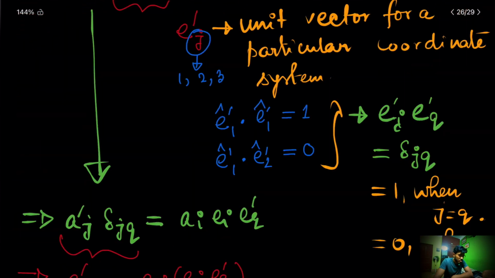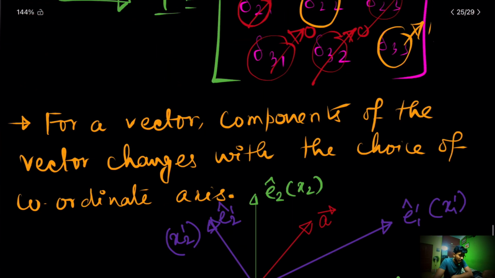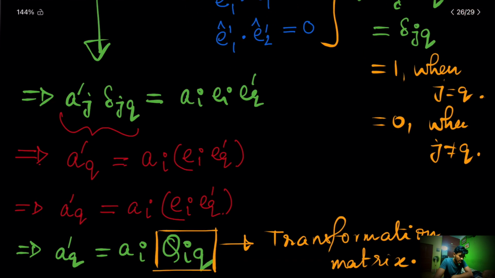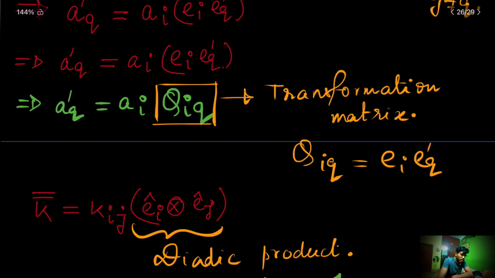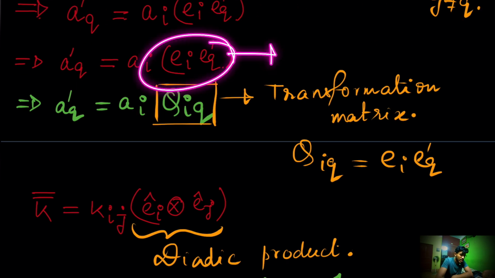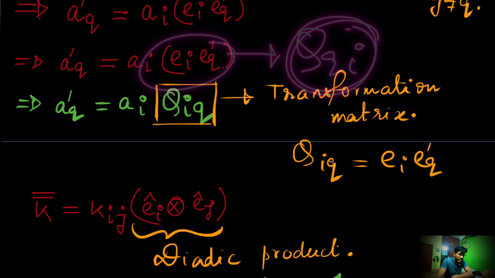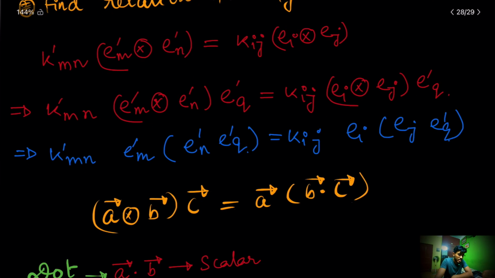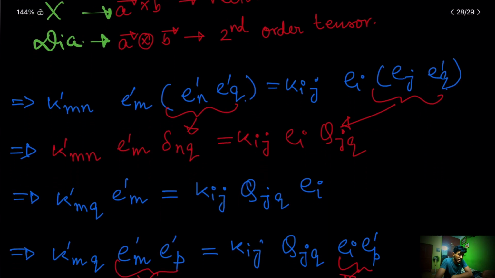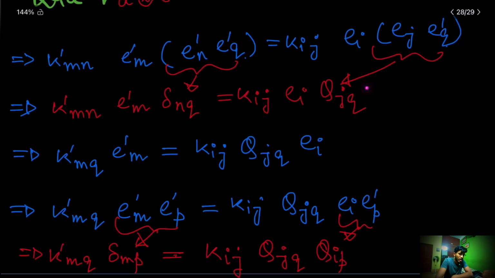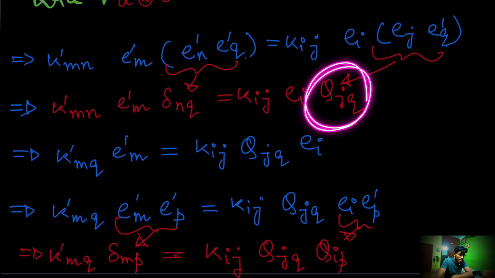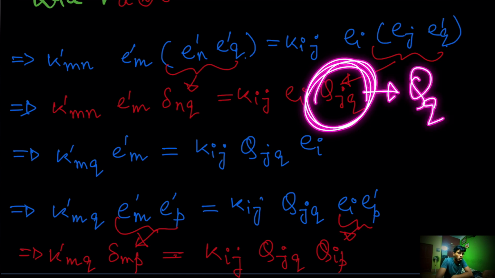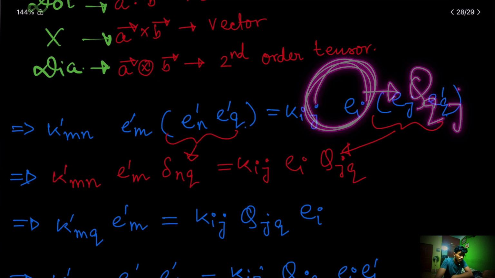Now what I was talking about: had I defined this one as delta Qi, then all these definitions would just be interchanged. So this could have been delta Qj, not Jq.